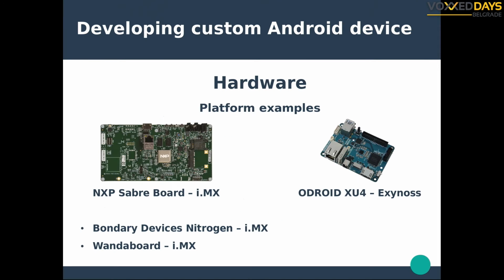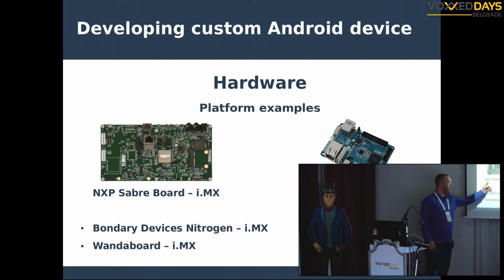So to give you insight into what you can use and to get to concrete things, if you decide, okay, let's make an Android device, let's make something custom, the starting point could be several platforms. One of the platforms is from Freescale. It's now called NXP because NXP bought Freescale.